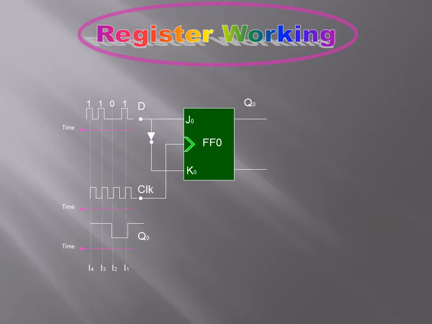means Q0 went high. It will remain high even if the clock pulse is present but not having the rising edge. So we see that for the 2 ones and half of the 0 at the input stage, the output stage continuously remains 1.